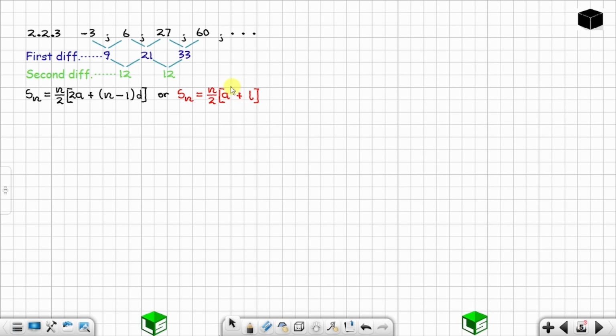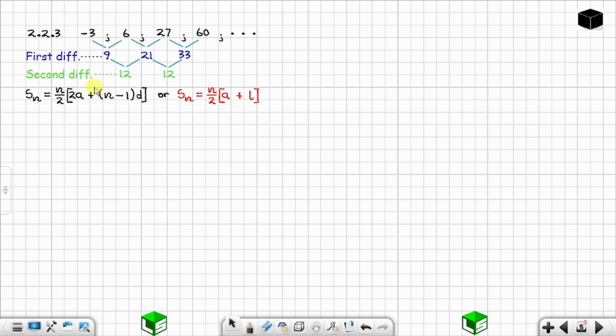But you can't use the one in red, because for you to use it you need to know the last term. A stands for the first term, L for the last term. You don't know what the last term is. The last term is not 33 because it still continues. So you can't use this formula. You're only going to use this formula.